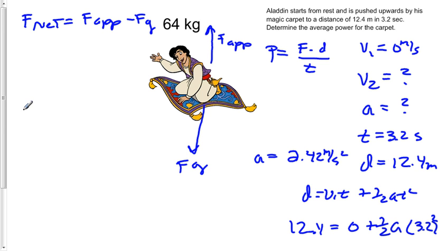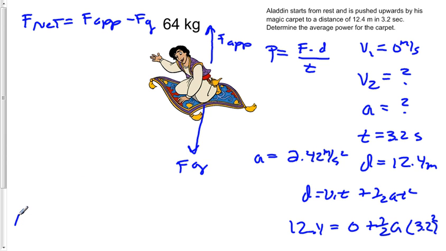Okay, now for clarity's sake, I will fill in my force net equation down here, and I'll go back up here for my force distance over time equation to get power. So for force net, I always put in mass times acceleration. I've got 64 kilograms listed right here.